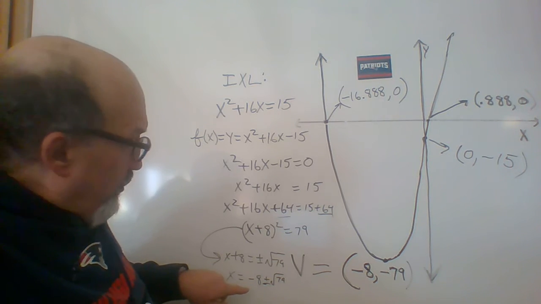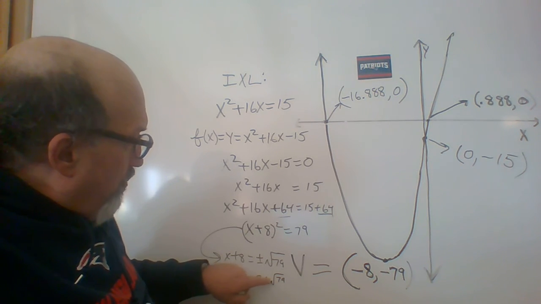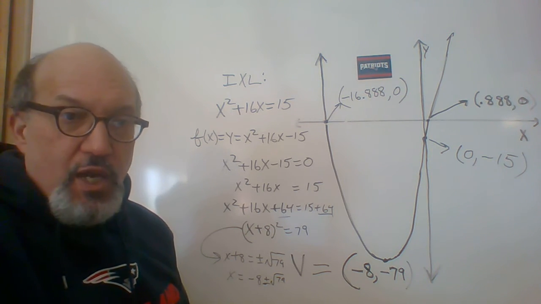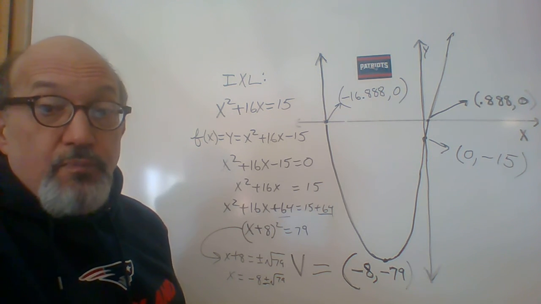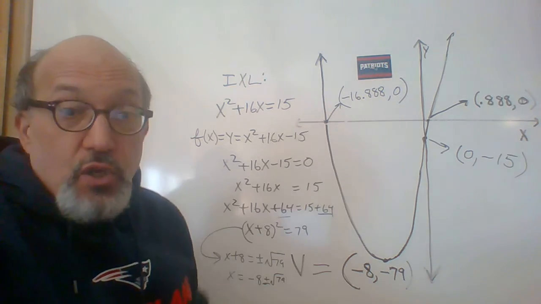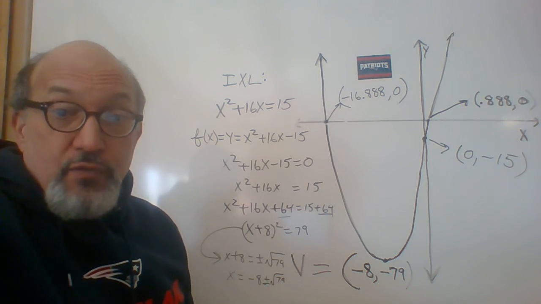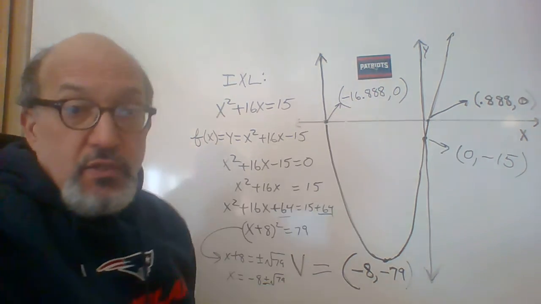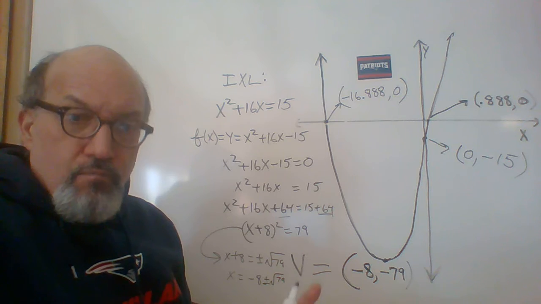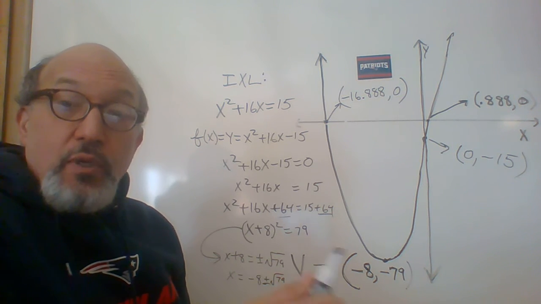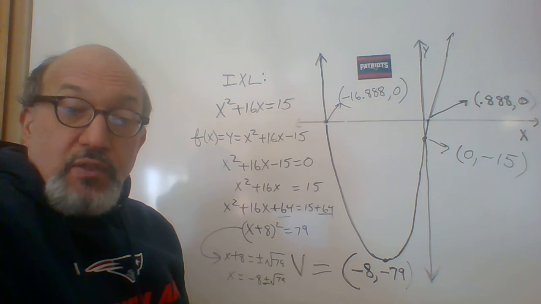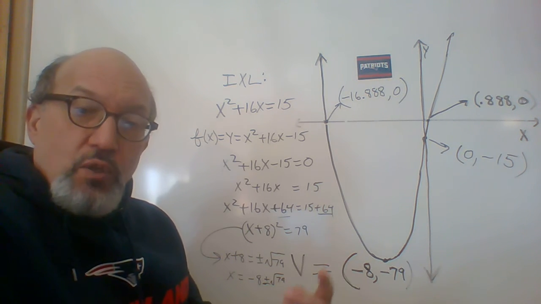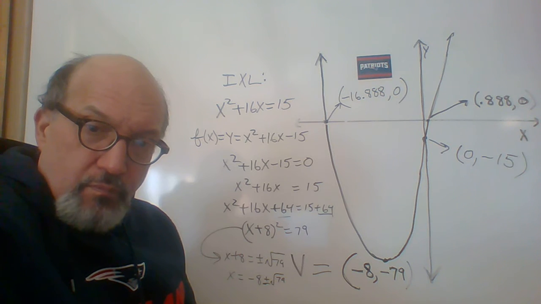So we have to follow both paths, -8 plus the square root of 79 and -8 minus the square root of 79. And if you look on Desmos, the two values of x that cause the graph to cross the x-axis are given as 0.888 and -16.888. If you want to get a calculator out right now and come up with an estimate for the square root of 79, of course it's going to be a little bit less than 9.